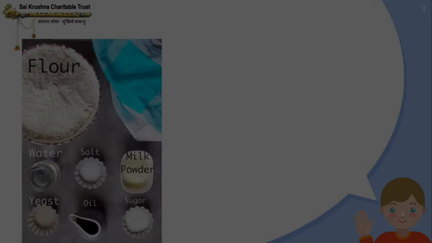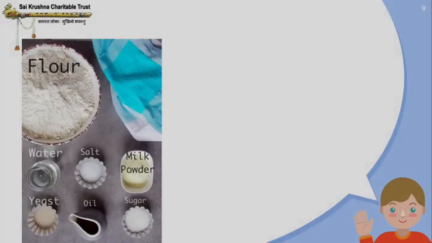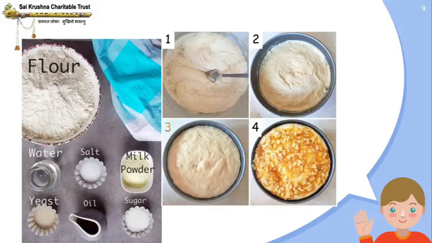These are the ingredients which are required to make cake: flour or maida, water, salt, oil, sugar and main ingredient yeast. So when we mix all these ingredients together, we can prepare the dough, and then we can see that the dough has raised. And then when it is kept in the microwave for baking, the cake becomes ready.